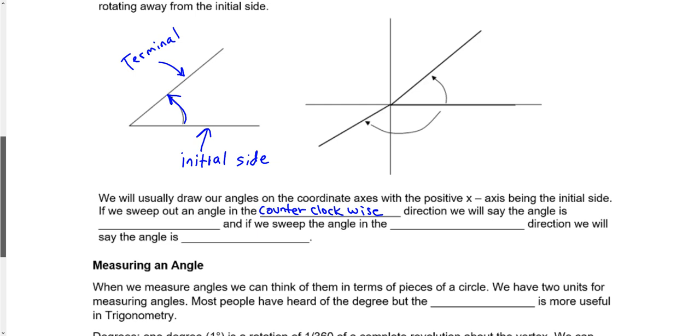Counterclockwise. So a regular clock goes this way. It goes to the right. Counterclockwise is to the left. When we swing our angle open to the left, the angle is going to be a positive angle. So this one right here, this is a positive angle.